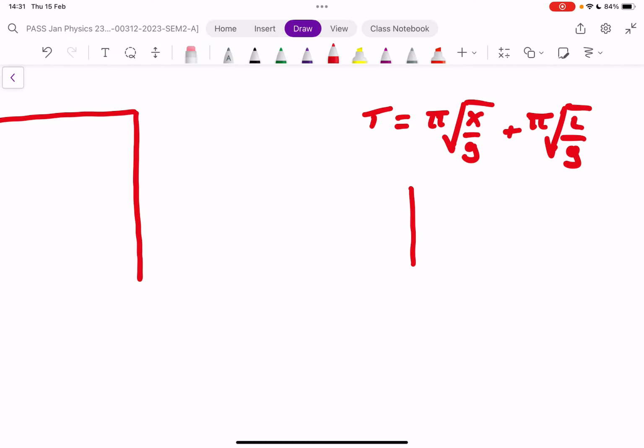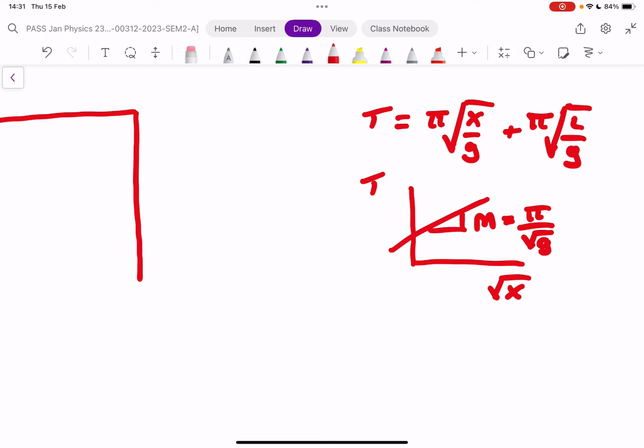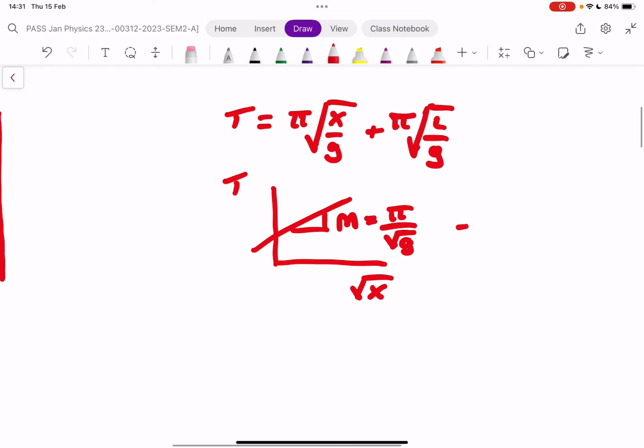So when we did our y equals mx plus c, we plot T against root x, and we get a line. The gradient of that line is, we call it m, and that is pi over root g. What we want to be able to do is calculate g. So if we rearrange that, g is pi squared divided by m, the gradient squared.